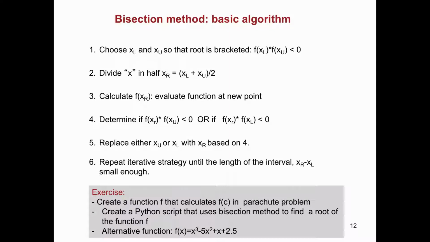So let's actually now just quickly, before moving on, repeat this process with an alternative function. So you have the code that I gave you that works for that parachute problem. And now I want you to investigate this function. This function, mind you, is a cubic polynomial, so it has up to three roots.